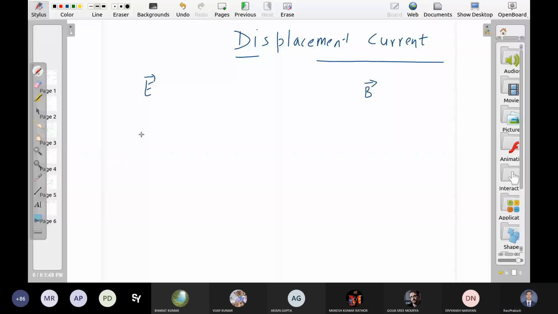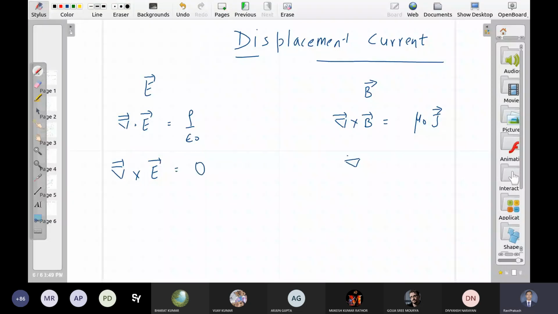Here we have del cross E is 0. Here del dot B is 0, right?